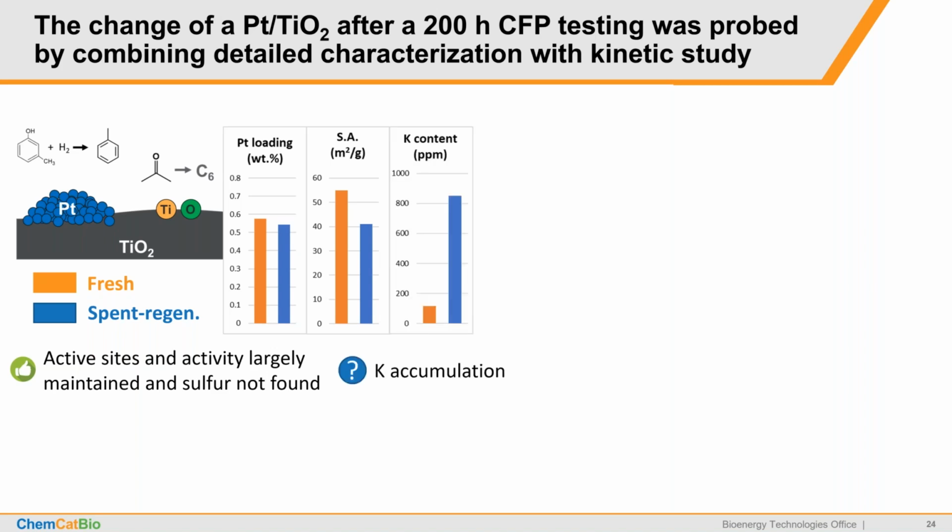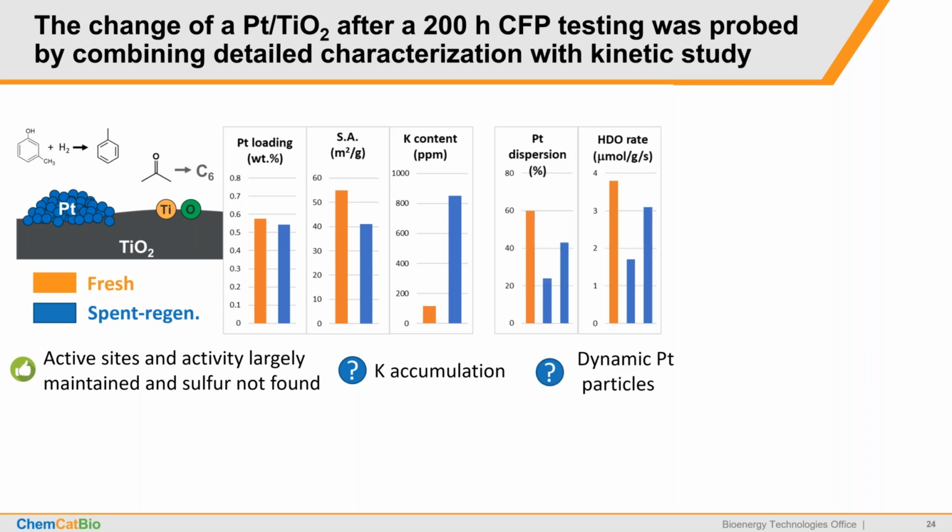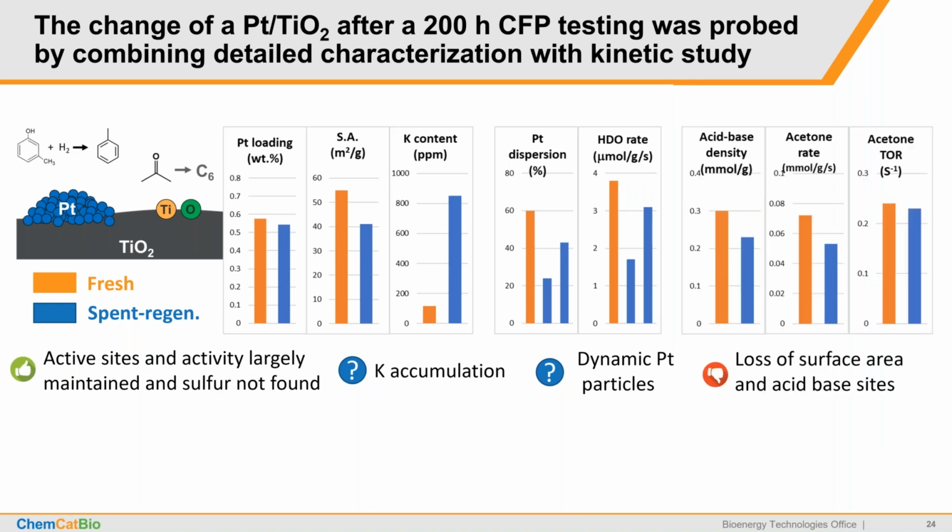However, we do see accumulation of potassium in this case, and potassium is from the biomass feedstock and keeps accumulating over this spent catalyst. We also see that the platinum particle size is changing upon the different treatments and regenerations during this process. Lastly, we did a kinetic study and acid site density titration.